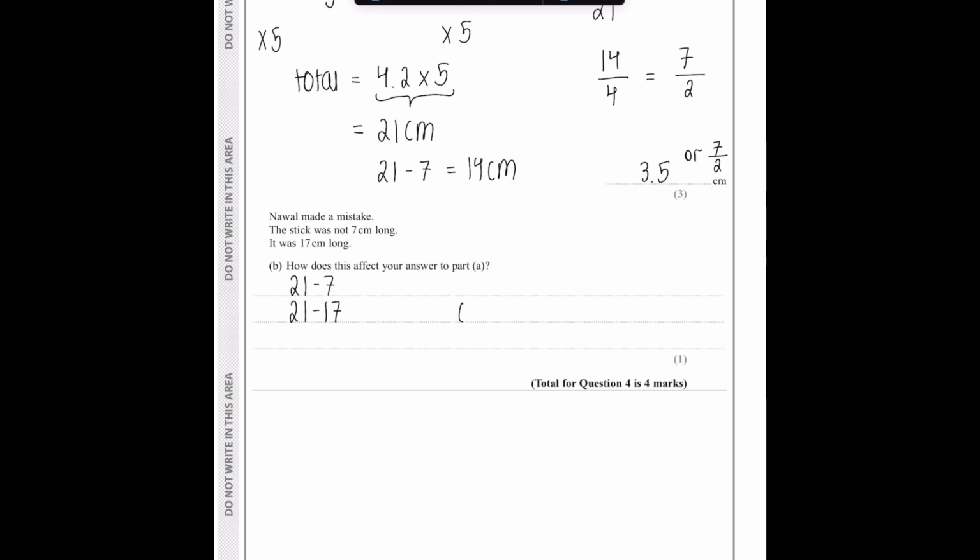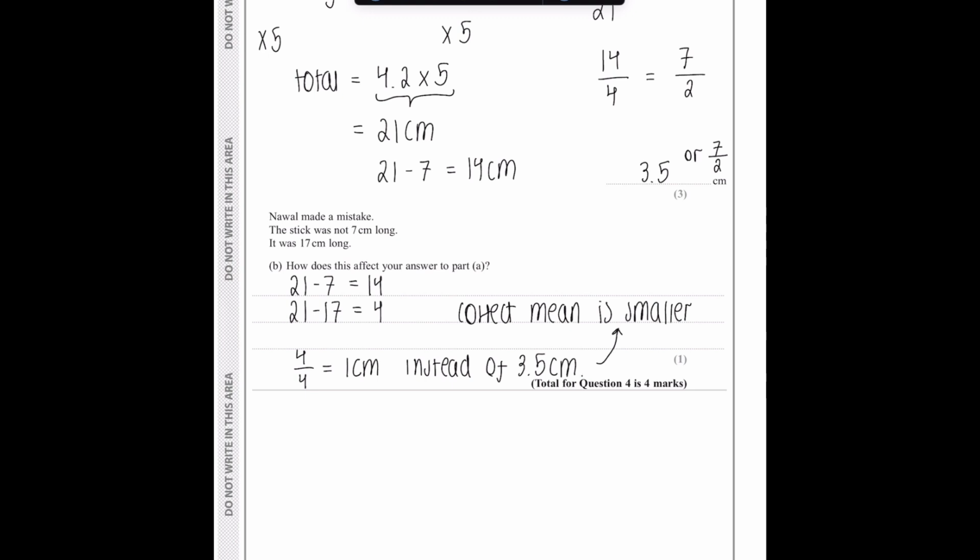So we can say our correct mean is smaller. Now we can actually calculate it. 21 take away 7 was 14, but 21 take away 17 is 4. So if we do 4 divided by 4, then the mean would be 1 centimeter instead of 3.5, showing that we're correct.